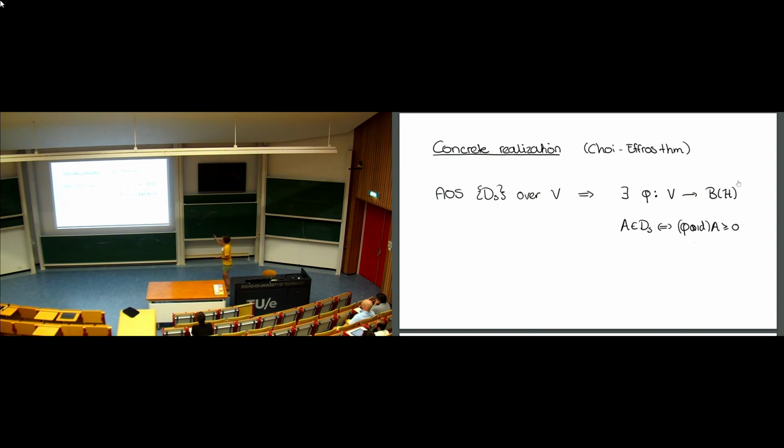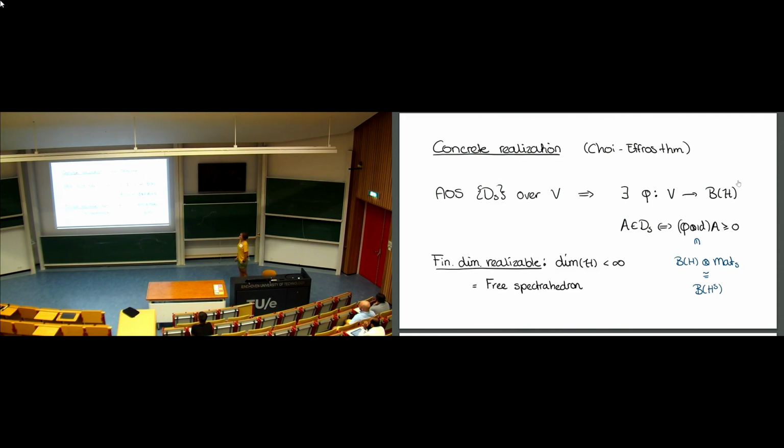And an element is exactly in our cone at level S if and only if, where we map V to the bounded operators on a Hilbert space, applying phi times identity to this element will make us end up in a space where we have a notion of positivity, namely positive semi-definiteness. So if and only if that element is positive semi-definite. Yes, so this all lives in the C-star algebra world of bounded operators on a Hilbert space.